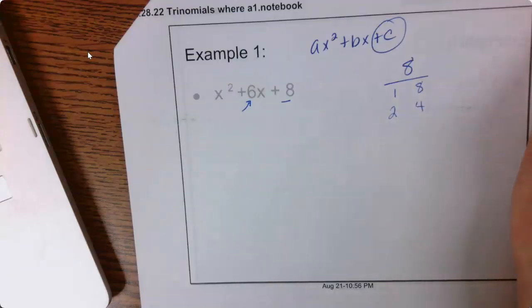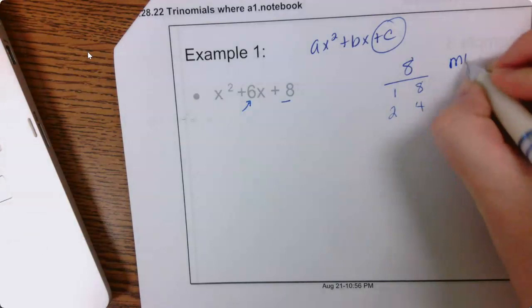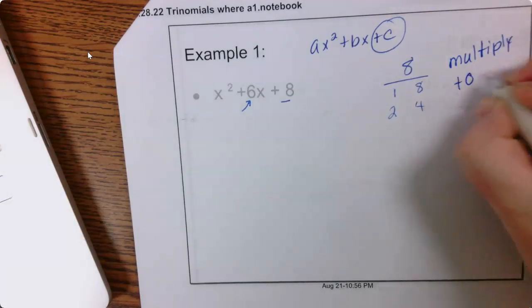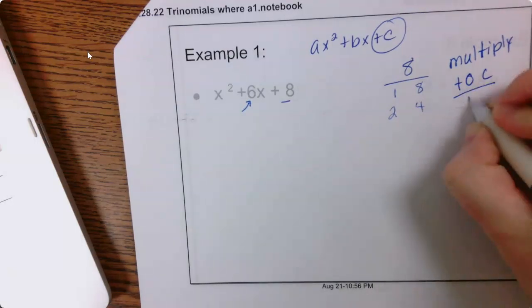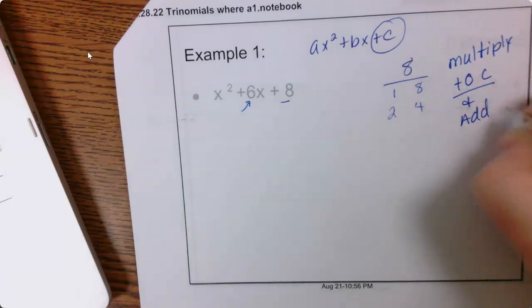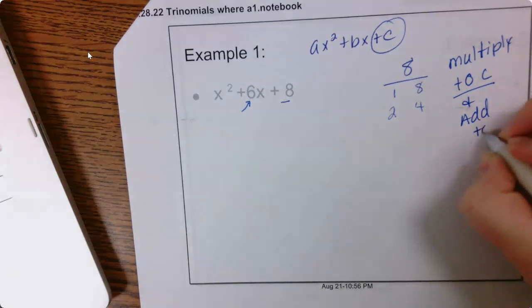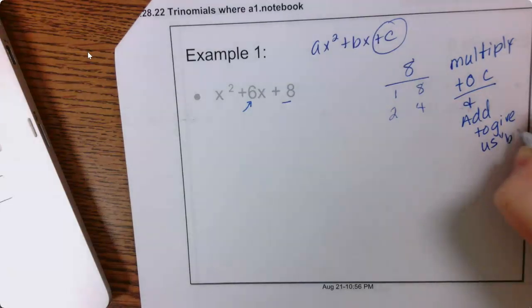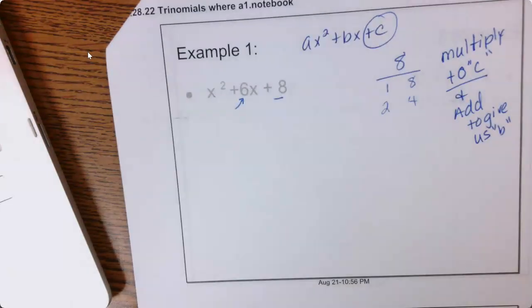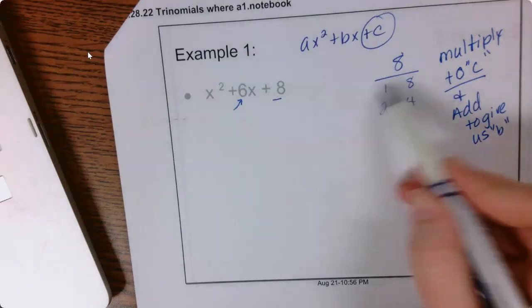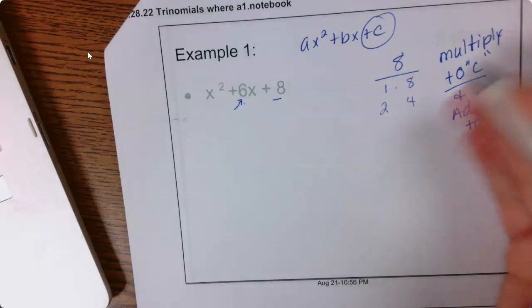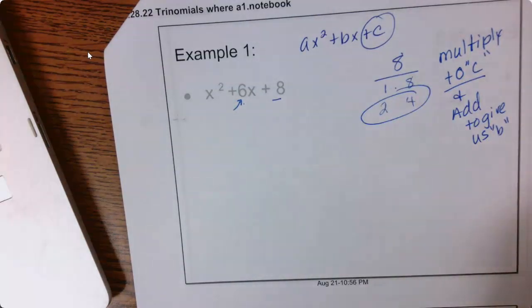You want things that multiply to c and add to give us b. So looking at this, 1 plus 8, that's 9. That is not 6. But 2 and 4 multiplies to give you 8, but adds to give you 6.